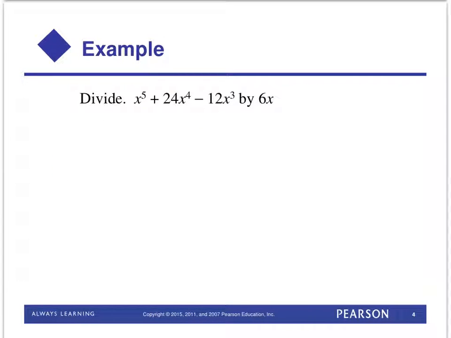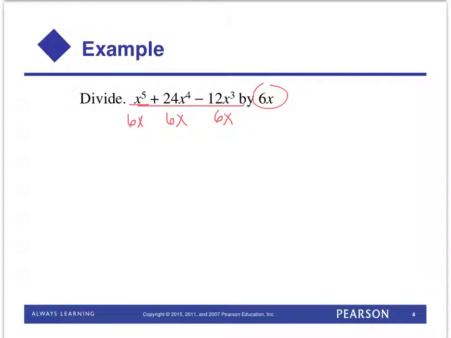Now this one says to divide this whole polynomial by 6x. So all I do is I go under here and I write a 6x under each term, and I take each term individually. So x raised to the 5th over 6x.